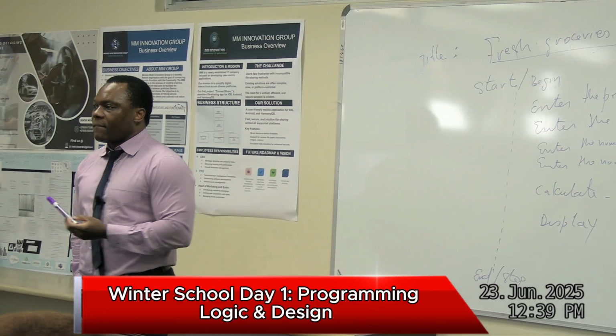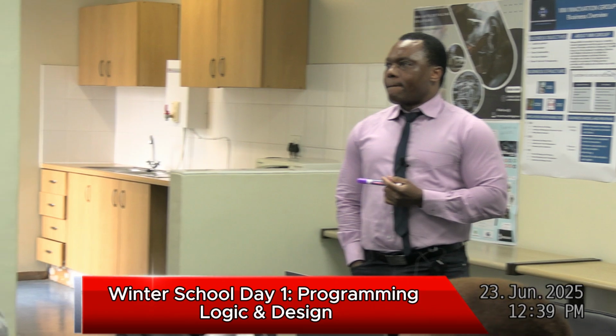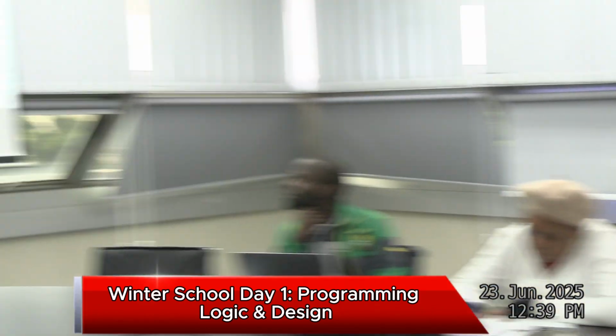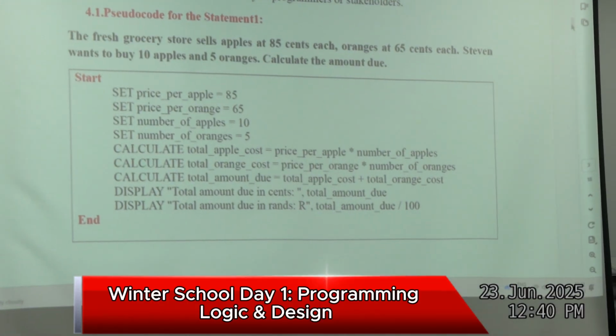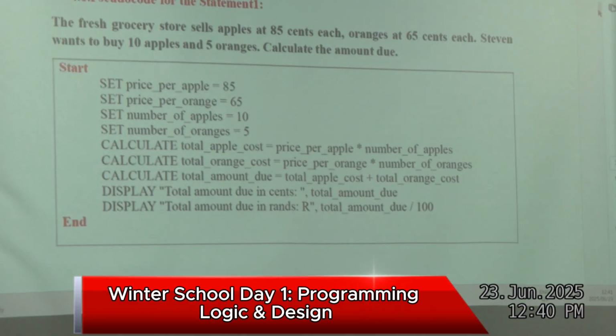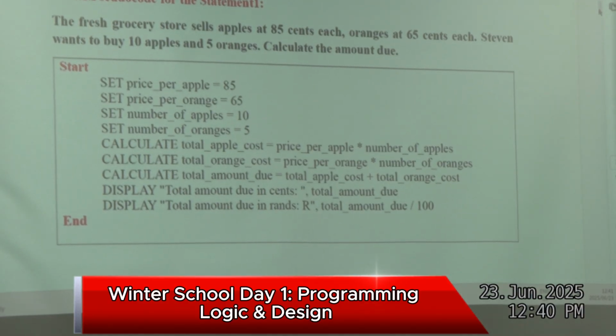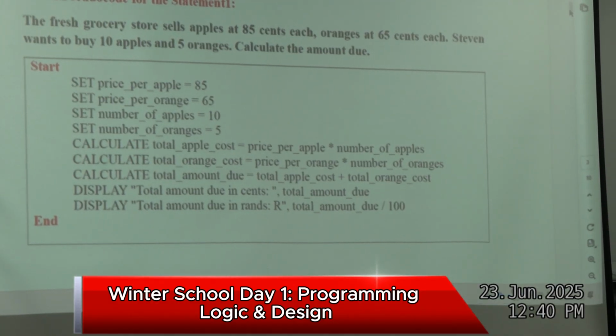Yes. If I calculate, do we add numbers or do we stick to the words? Calculate what? They say calculate price, multiply by number. No, that's your pseudocode. You stick to the words. You're just calculating the things. It gives you an idea what to calculate. But the pseudocode gives you a chance to do your algorithm and to do the code.